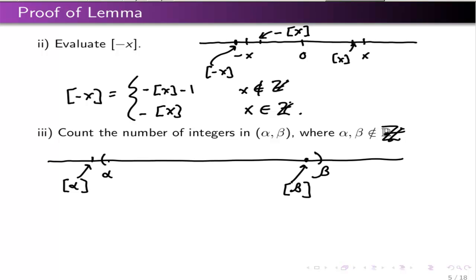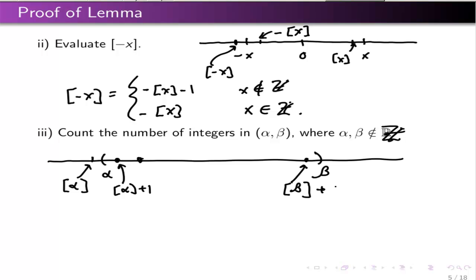So alpha is not an integer, so there's a gap right here. Bracket alpha is strictly smaller than alpha. So the first integer in here is right here, bracket alpha plus 1, and then you have bracket alpha plus 2, and this is the biggest integer in the interval, which is what?